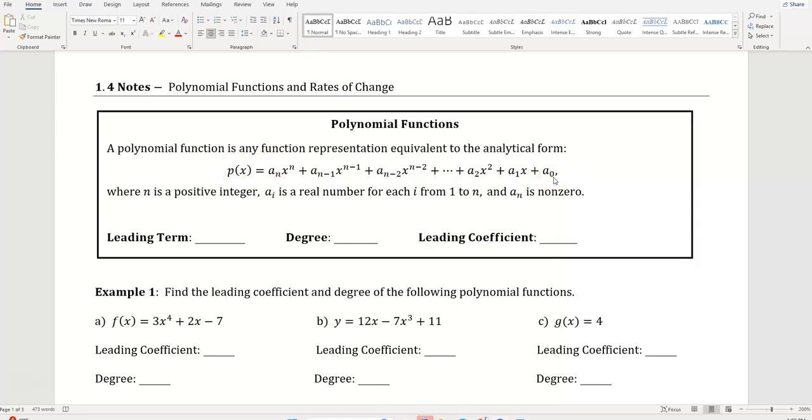This is like some textbook sort of language right here, right? They are really making this mathematical so that this particular polynomial would apply for any type of polynomial that you could imagine.